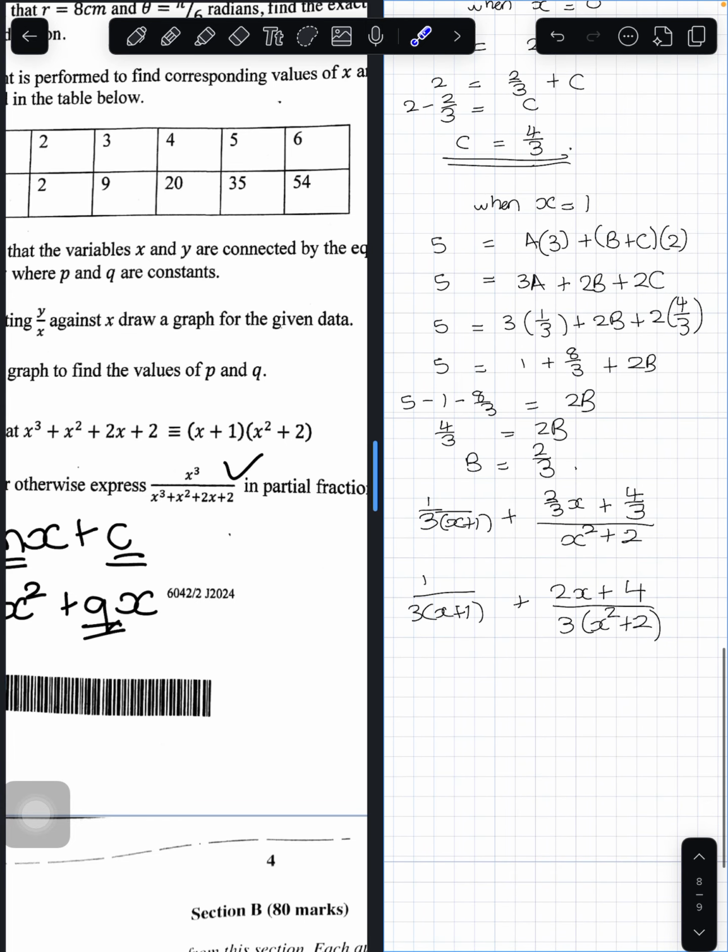So the final answer, therefore the answer is 1 minus, I open a bracket, because that minus is affecting everything that is following there. So it's 1/3 x plus 1 plus 2x plus 4/3 x squared plus 2.